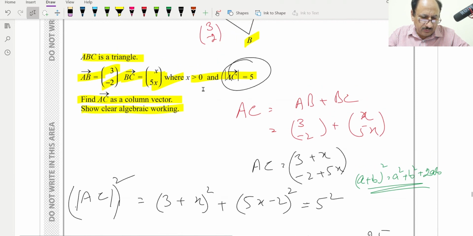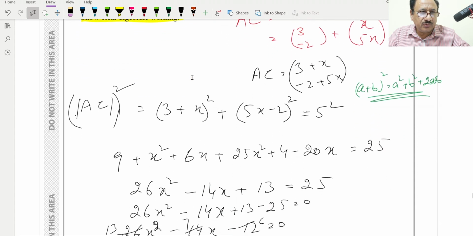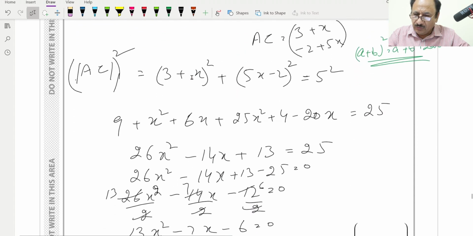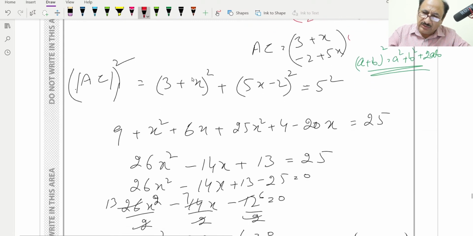So find AC as column vector. We know AC is this one, so in this we can replace x is equal to 1.